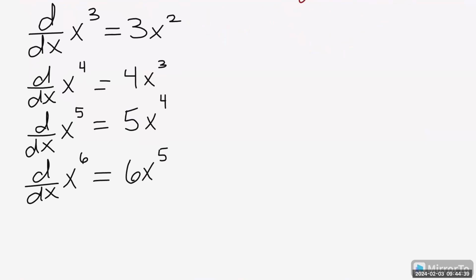If you haven't figured out the pattern, here's what to notice: when you're finding the derivative, the exponent drops down to the front. And then for your new exponent, you take 1 away from what your original exponent was.